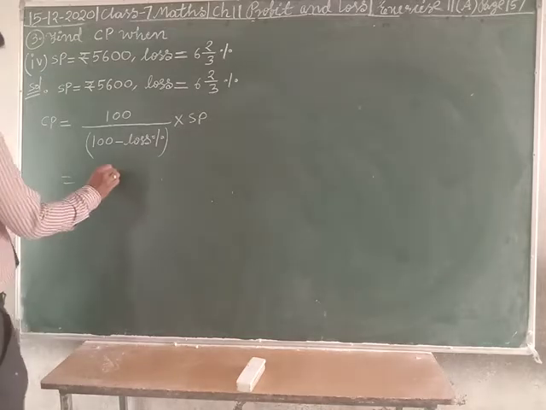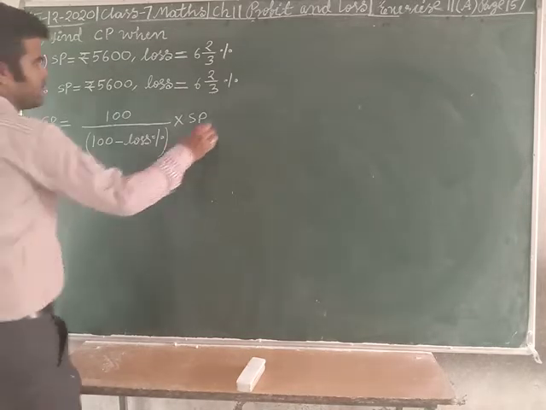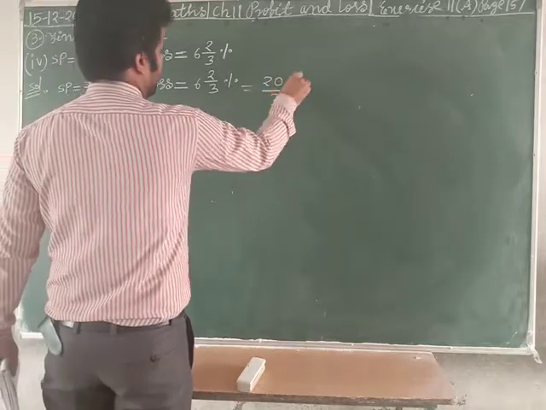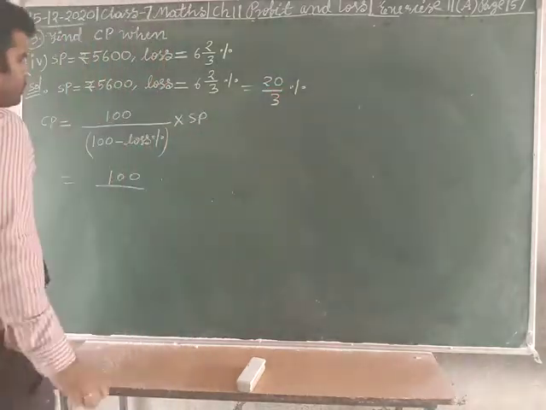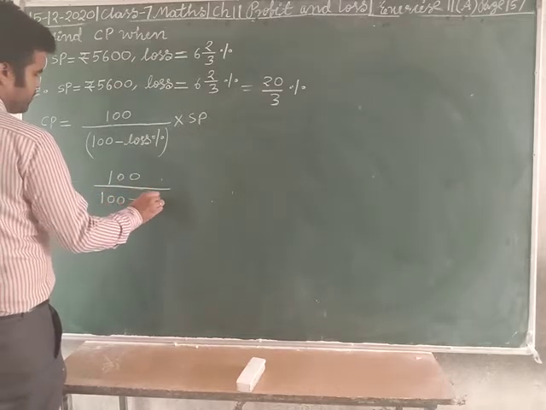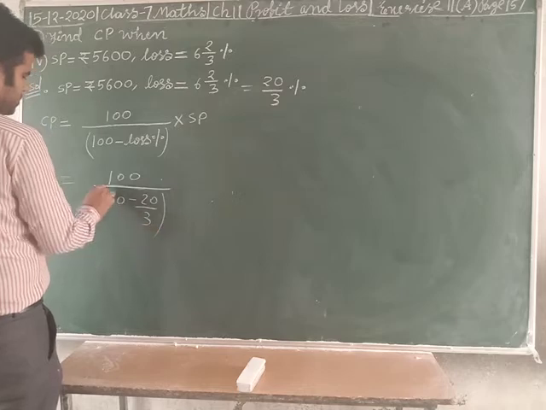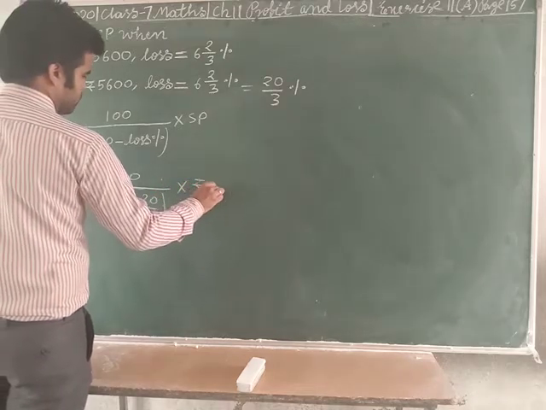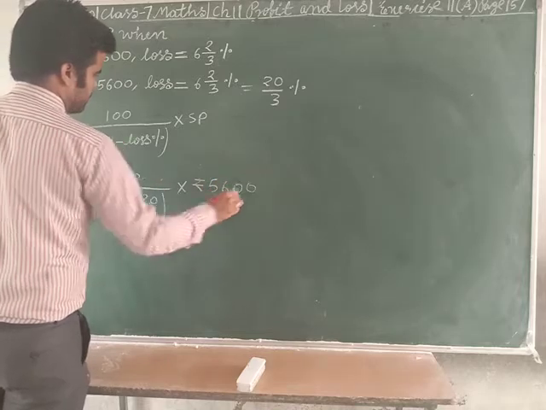Then students, I write here 100, and 6 integer 2 upon 3 will be what? 20 upon 3%. So I write here 100 upon 100 minus 20 upon 3 into SP rupees 5,600.